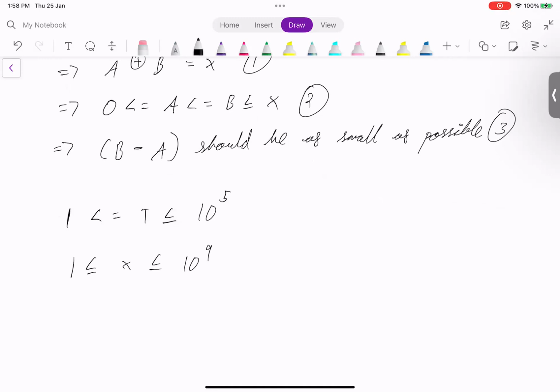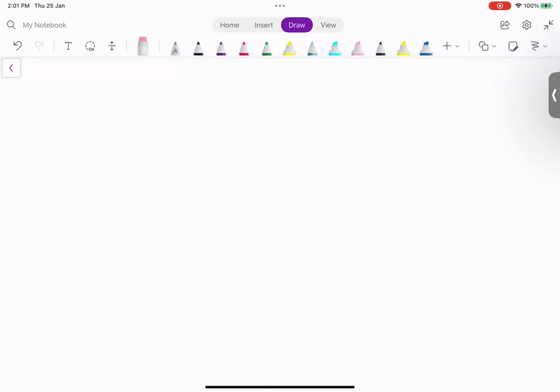Let's see how we can solve this problem. Firstly, x can be in the range 1 to 10 power 9, so that means there can be at max 30 bits in the binary representation of any number. Any number in the range 1 to 10 power 9 can be represented with 30 bits.